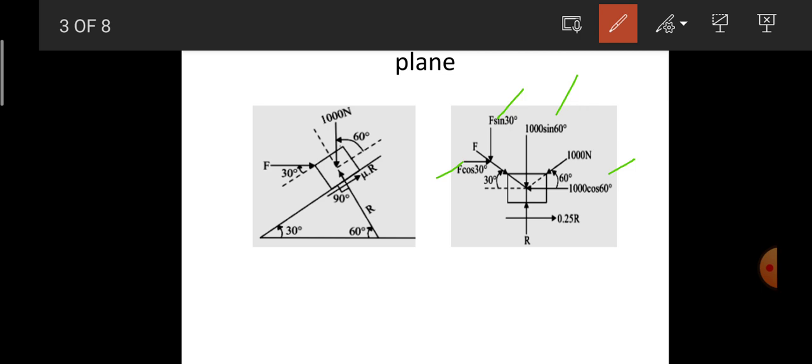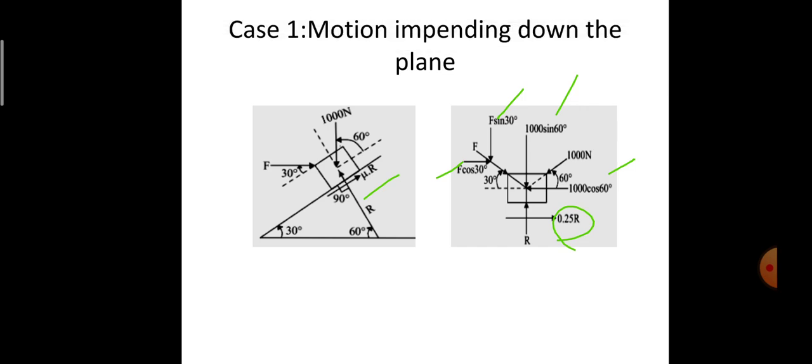In the question they have mentioned that the coefficient of friction on all surfaces is 0.25, so mu times R is equal to 0.25 times R. This is how we draw the free body diagram for the given forces with the respective angles of inclination.